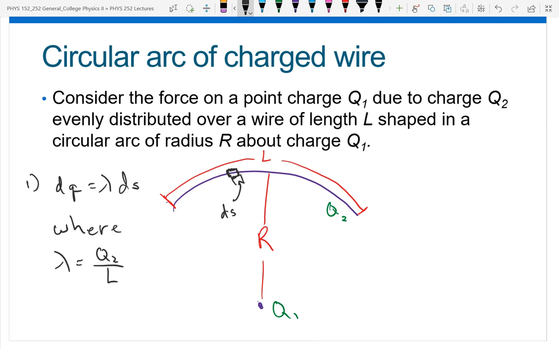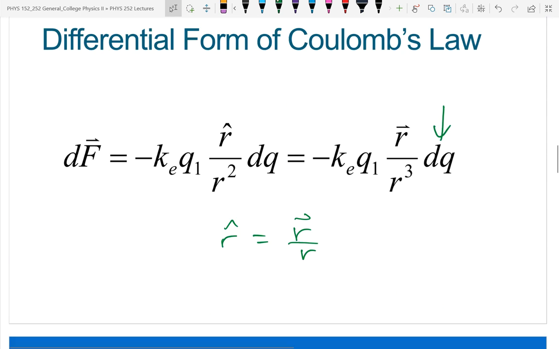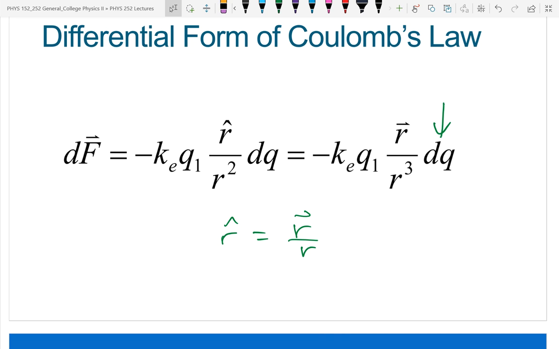All righty. Next up, Alex, what do I do next? What's the whole charge force equation? You can see it right there. Are we supposed to break up the dF components? Yep. Okay, so we're going to take the dF.